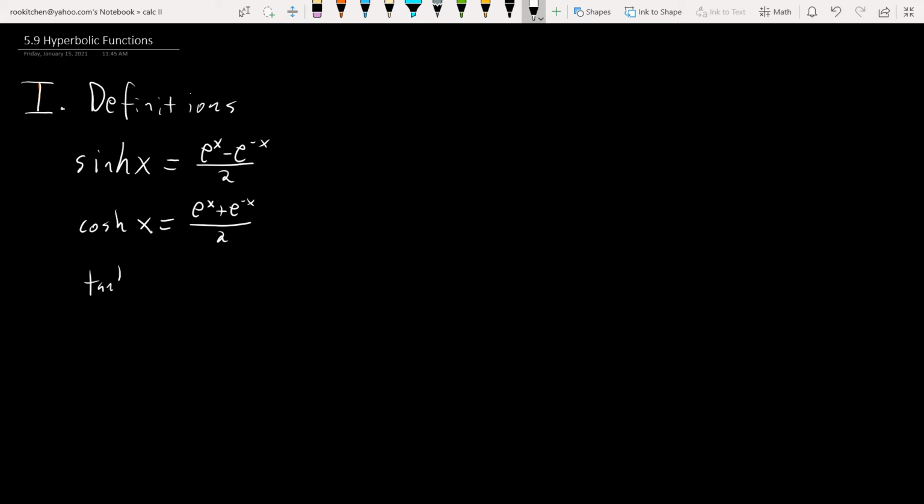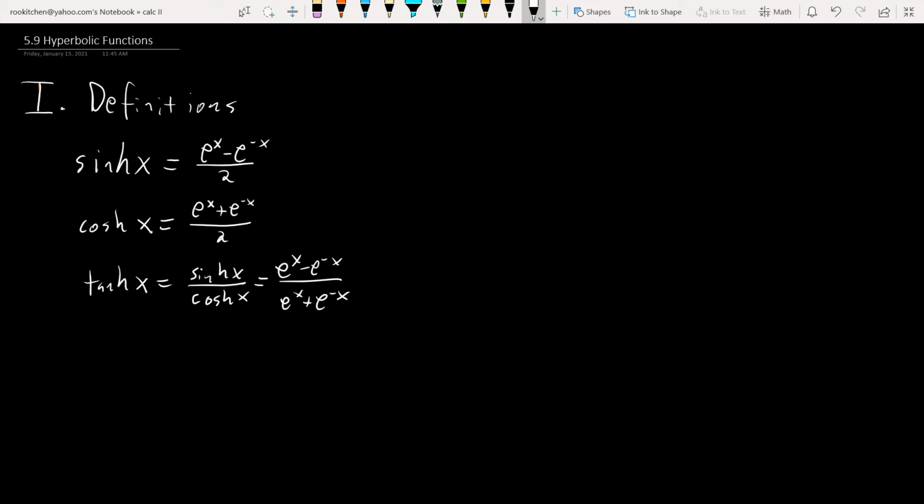Hyperbolic tangent, or tanh, is just the ratio of sinh and cosh, believe it or not. Just like tan is the ratio of sine and cosine, tanh is the ratio of sinh and cosh. So when all is said and done, this will be e to the x minus e to the negative x all over e to the x plus e to the negative x.